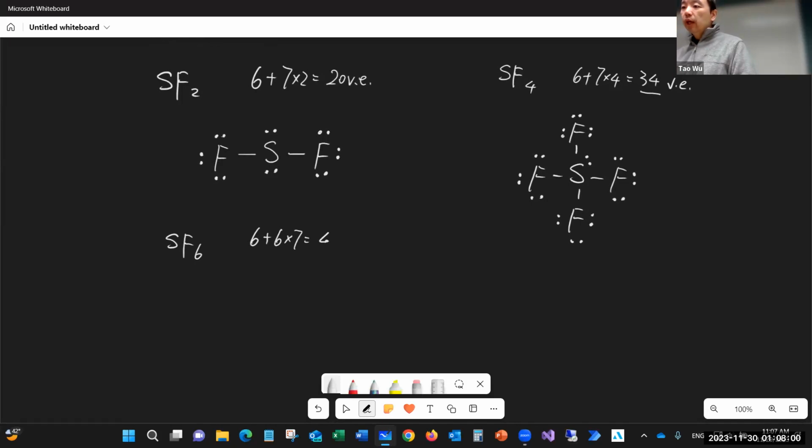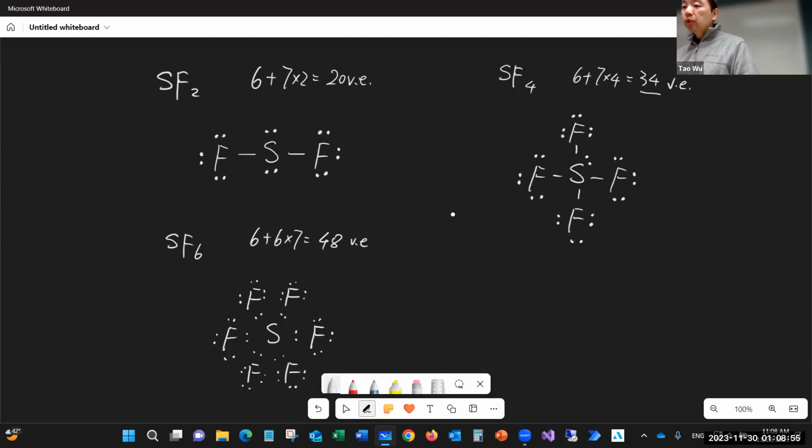So for SF6, again, this has 6 plus 6 times 7, so you have 48 valence electrons. Sulfur in the middle. Then again, you write the shared electrons between the atoms, and then you can start to assign more dots. So we have 12 now, 14, 16, up to 48.